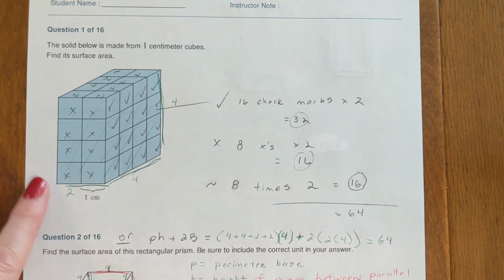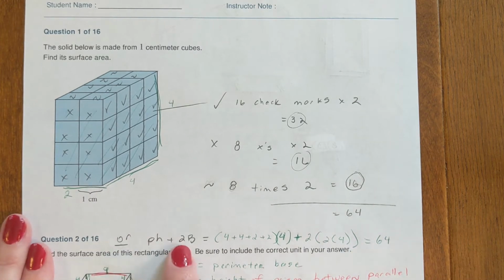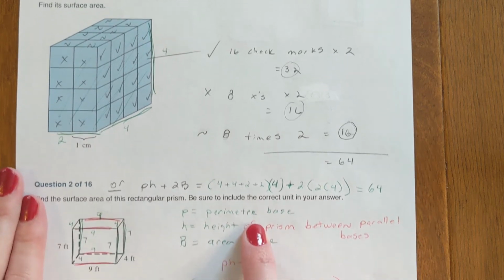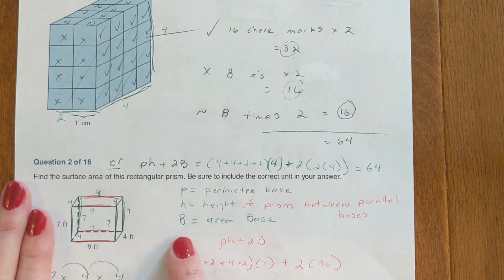Another way you can think about it, instead of what I did by adding up all of the sides individually, is you can use the surface area formula for a prism, which is Ph plus 2B. P stands for the perimeter of the base. H is the height of the prism between the parallel bases, and capital B stands for the area of the base.